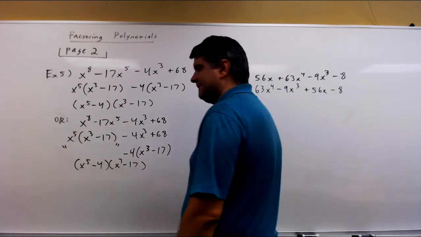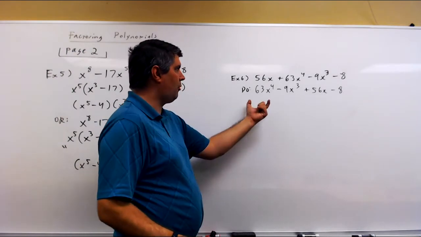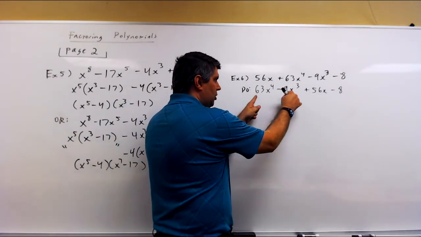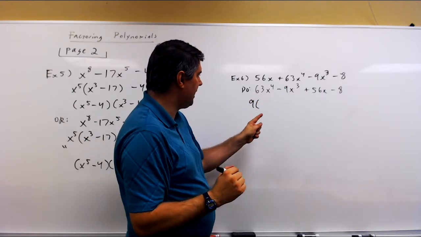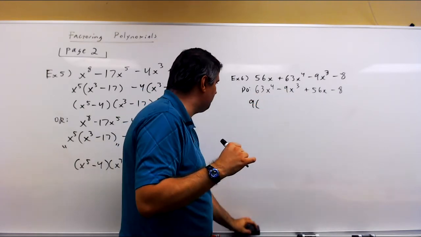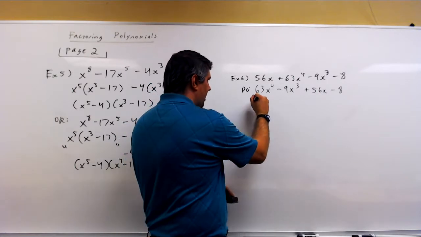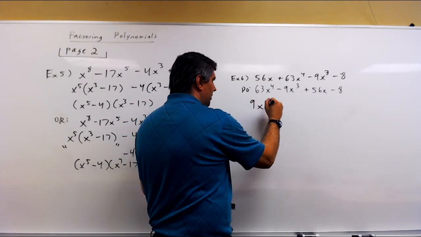Okay? Under the more advanced method, I would notice that these two are divisible by 9. Okay? And they both have an x cubed in them. They're divisible by 9, and they have an x cubed in them.